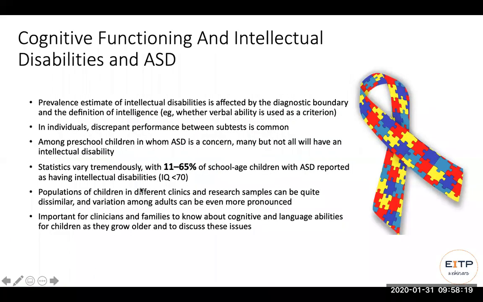So I'm going to go briefly over cognitive functioning. There's a high prevalence of intellectual disabilities in people with autism. But something important to keep in mind: not every kid with autism has intellectual disabilities. There are some very smart autistic kids. Sometimes they have uneven cognitive skills.